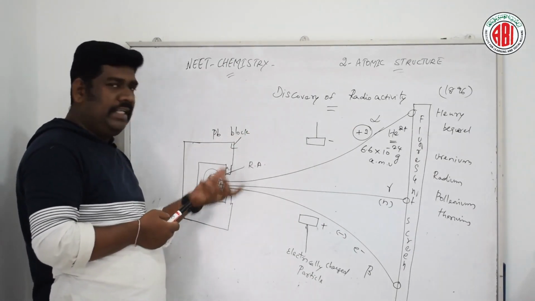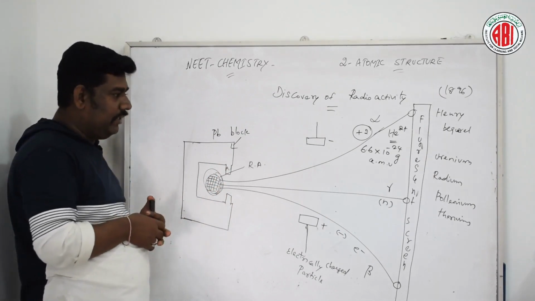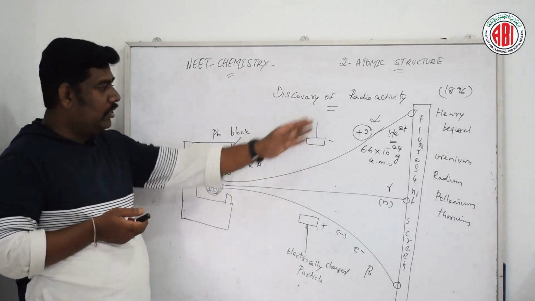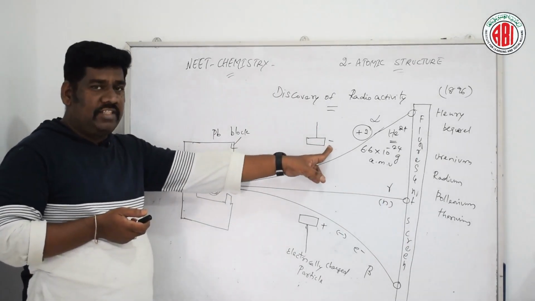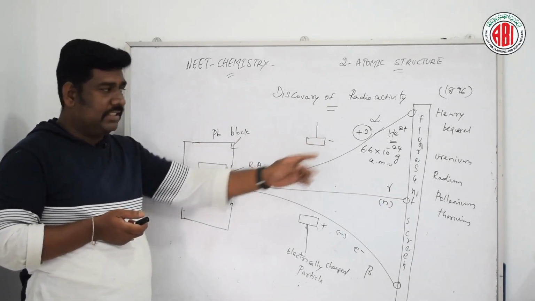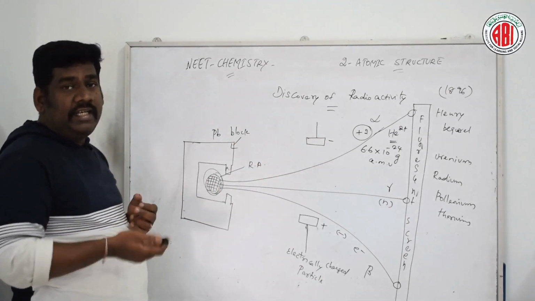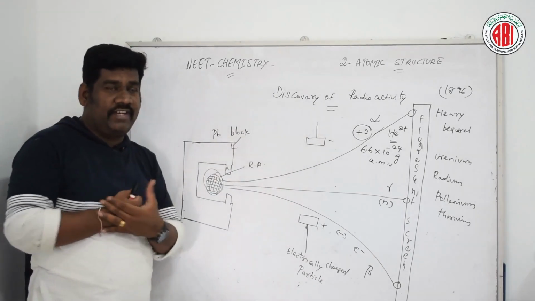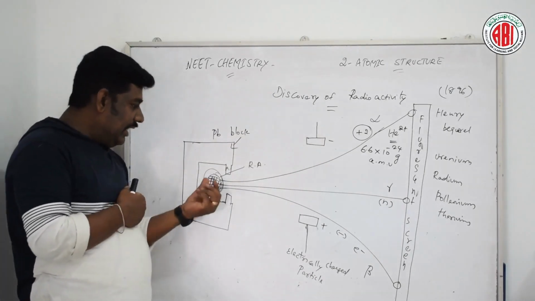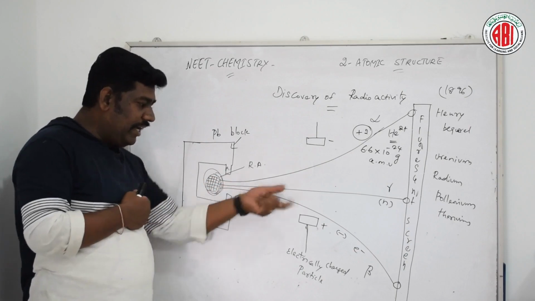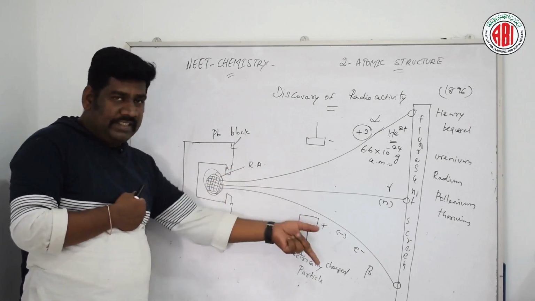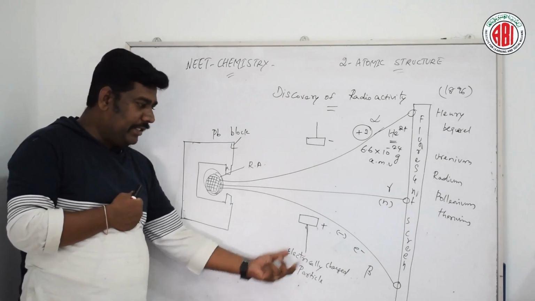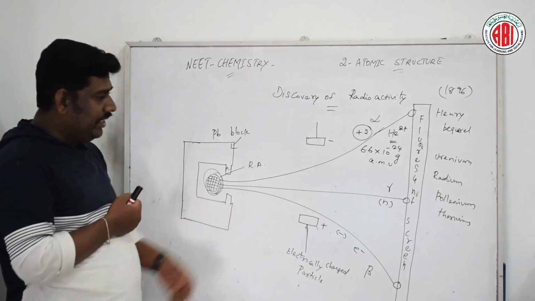So how is it deflected? Certain rays are deflected towards the negatively charged plate, and such rays are considered to be alpha rays. Similarly, the rays deflected towards the positively charged plate are considered to be the beta rays.